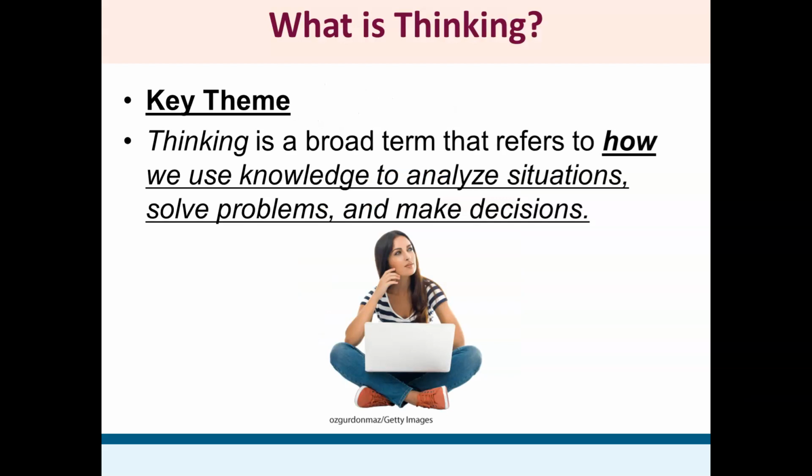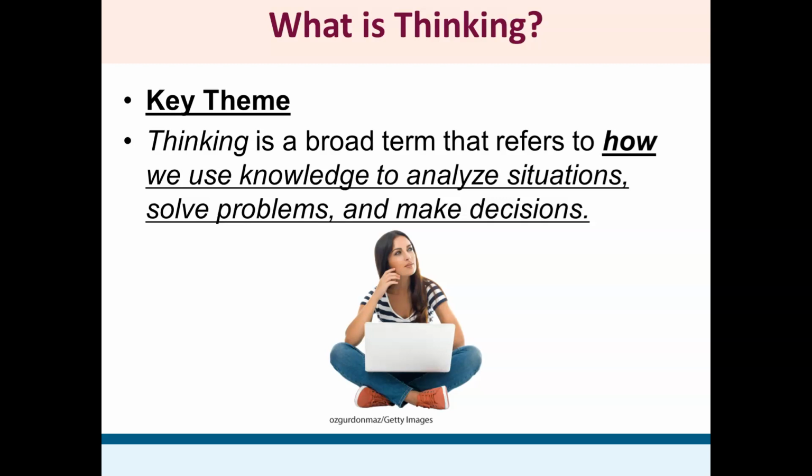All right, so first and foremost, we want to define what thinking is. This is a key theme. We want to always understand what thinking is. Why are we even talking about it? Thinking is a broad term.